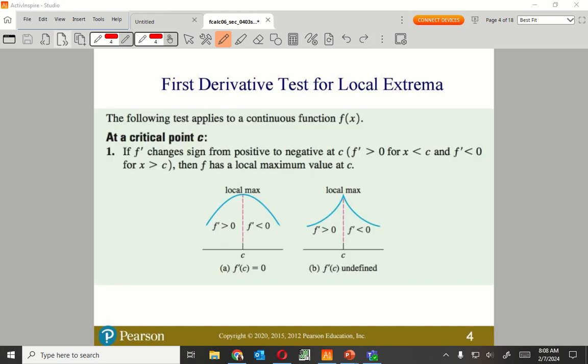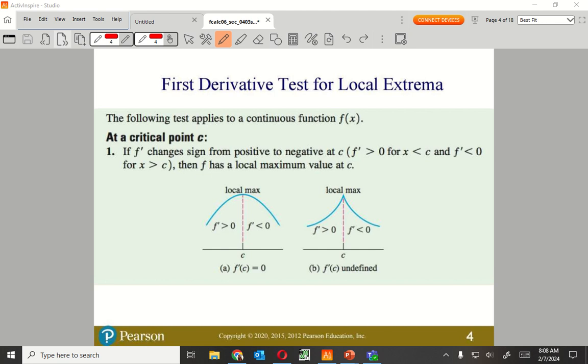So here it is, local test for extrema. The following test applies to a continuous function. So it's going to be continuous. At a critical point C, the derivative changes sign from positive to negative. Okay, that's important.